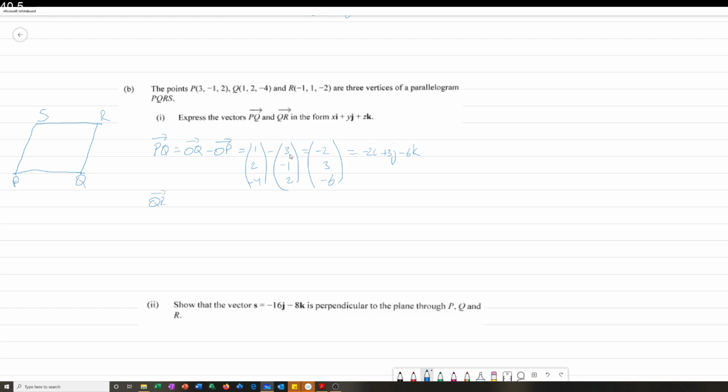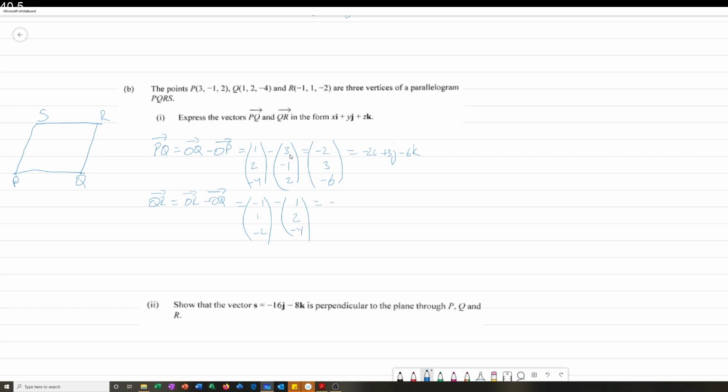So let's say QR. So QR is OR minus OQ. OR is minus 1, 1, minus 2. And OQ is 1, 2, minus 4.